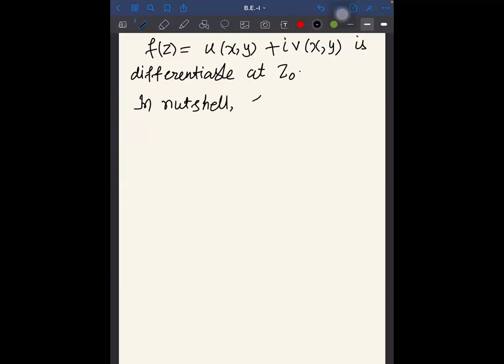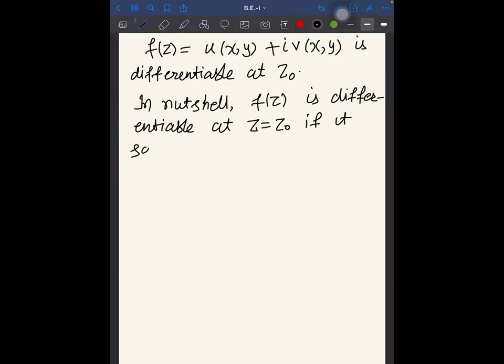In a nutshell, f(z) is differentiable at z equal to z naught if it satisfies the following conditions.